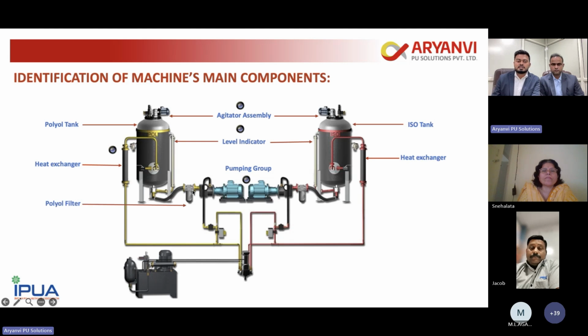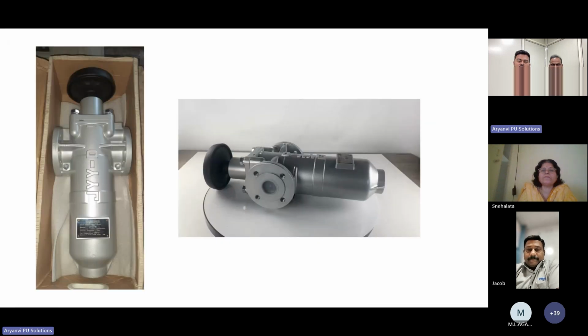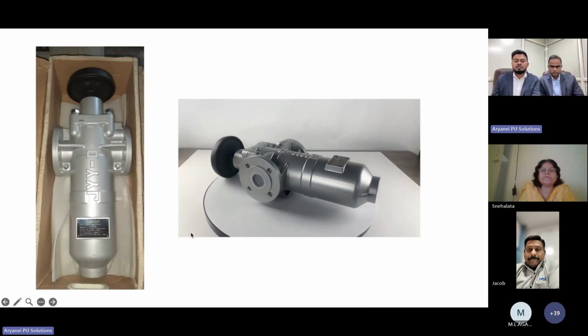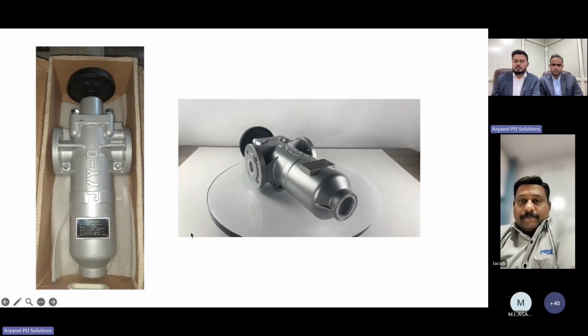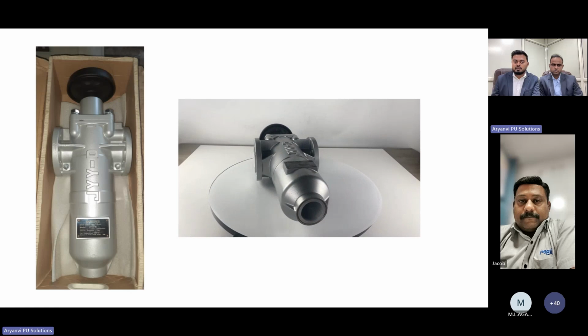Let's move to the next component on our machine, that is filters. Filters also play a very important role, and there are multiple types of filters available in the market. We recommend a self-cleaning filter. Why? Because self-cleaning filters allow you to clean the filters during the operation itself. Why is it important?